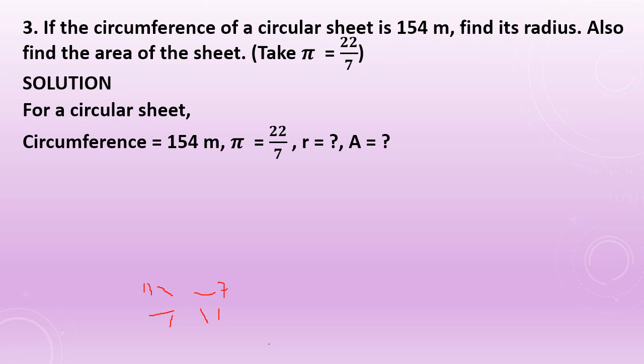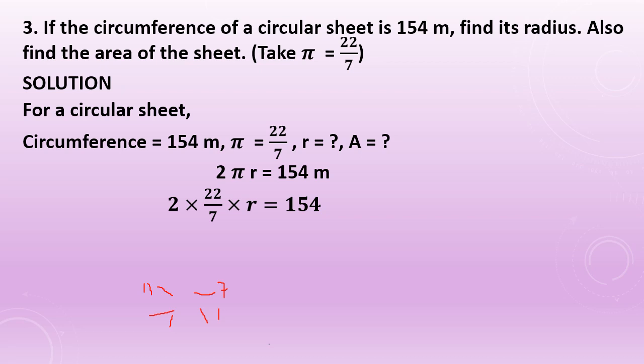Do you remember the formula of circumference of a circle? Yes, we have two formulas, pi d or 2 pi r. Here we have to find r, so we can use the formula 2 pi r. So we get 2 pi r equals 154 meter. In this formula, we can substitute the value of pi. So we get 2 into 22 upon 7 multiplied by r gives 154.